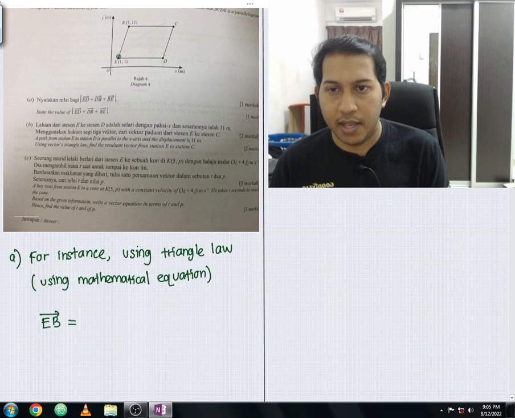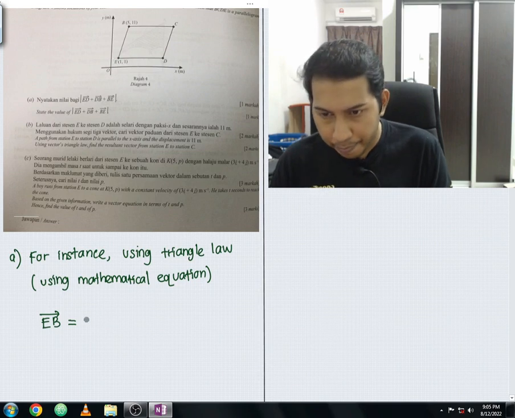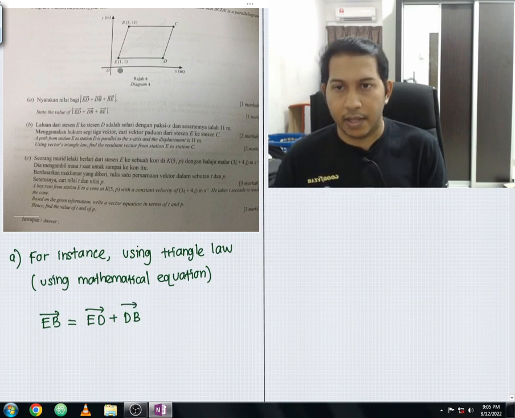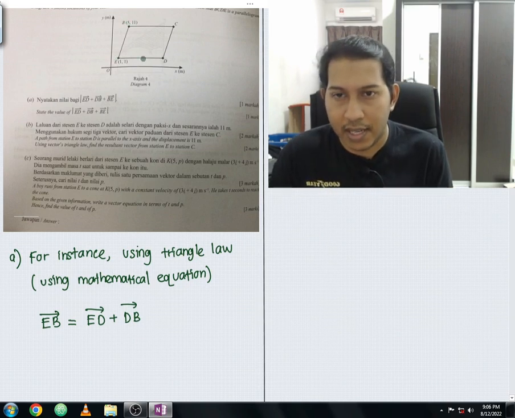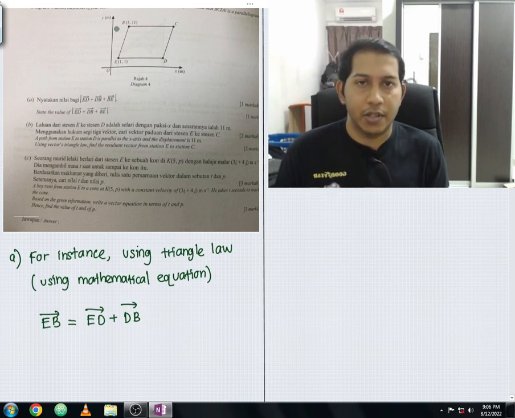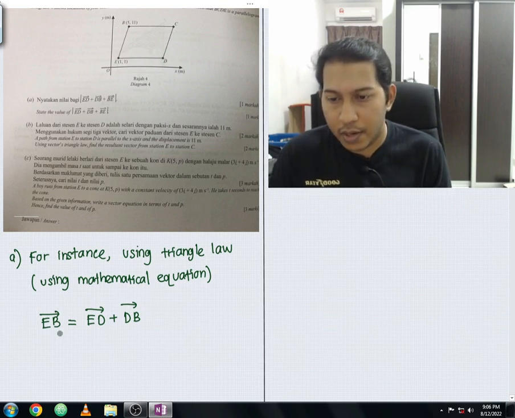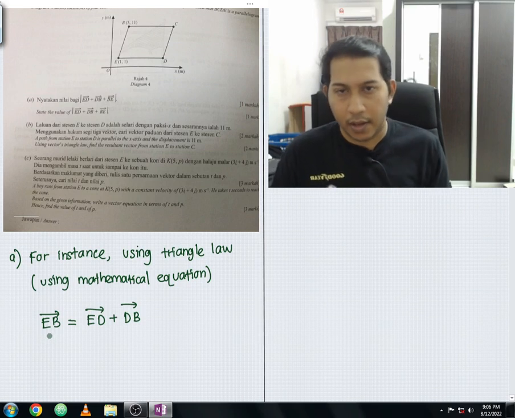Vector EB will be equal to vector ED plus vector DB. So this is your vector EB, guys. You can form vector EB through the addition of vector ED plus vector DB. So let me box this.